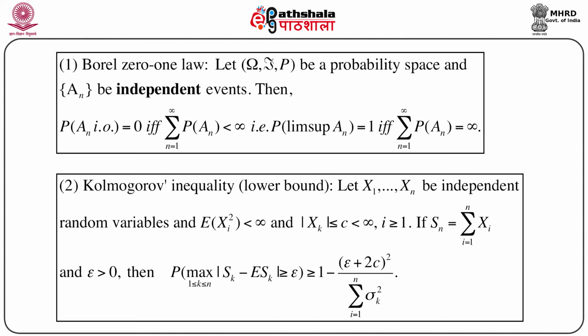This states that if X_1, X_2, ..., X_n are independent random variables and expectation of X_i square is less than infinity, with the additional condition that modulus of X_k is less than or equal to c, which is finite, that means X_k is a bounded random variable, then defining S_n as summation X_i, i equals 1 to n, for every epsilon greater than 0 it can be shown that probability of maximum of modulus of S_k minus expectation of S_k greater than or equal to epsilon is bounded below by 1 minus (epsilon plus 2c) whole square divided by summation sigma_k square, k equals 1 to n.